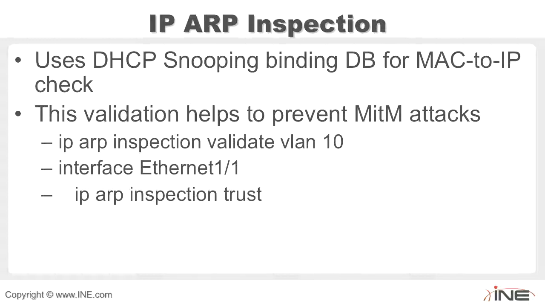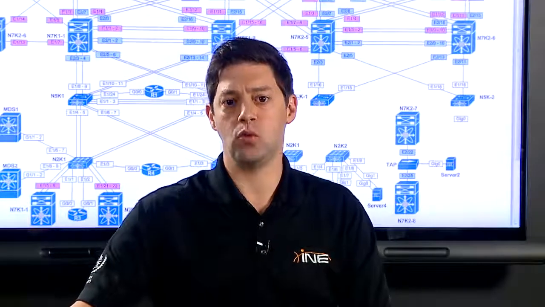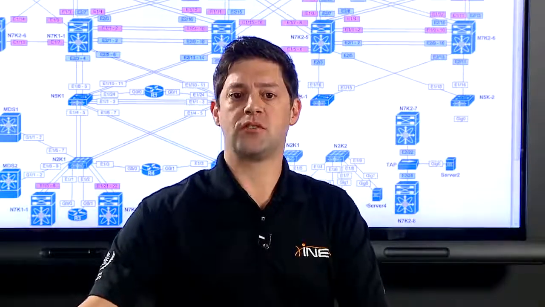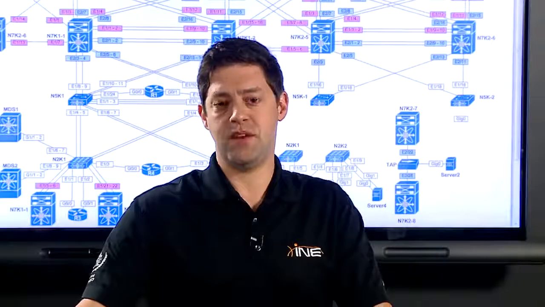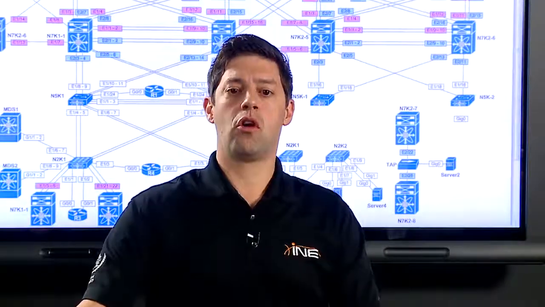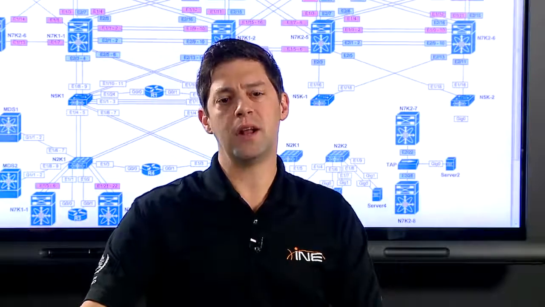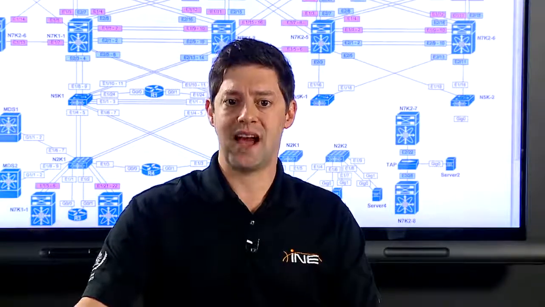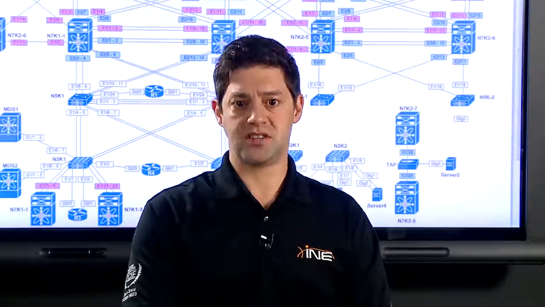So we would probably trust most servers that aren't asking for DHCP. We don't necessarily have to trust them from a DHCP snooping perspective because they're not sending DHCP responses. But servers that have static IP addresses, we are typically going to put on for ip arp inspection trust, or optionally, it's a little more cumbersome, a little bit more overhead, but optionally we could create static ARP entries. And that would effectively trust them as well.